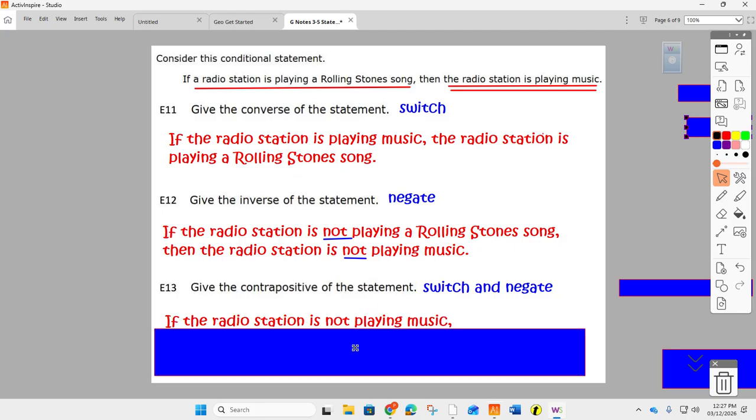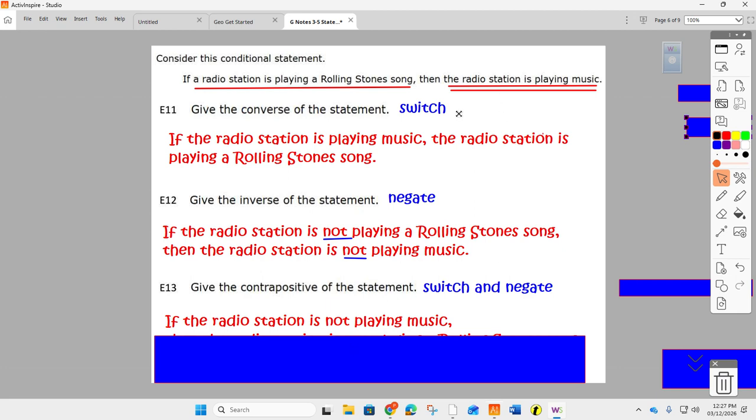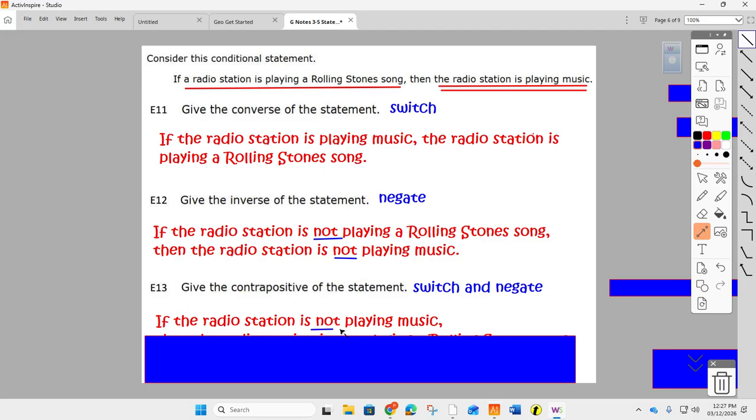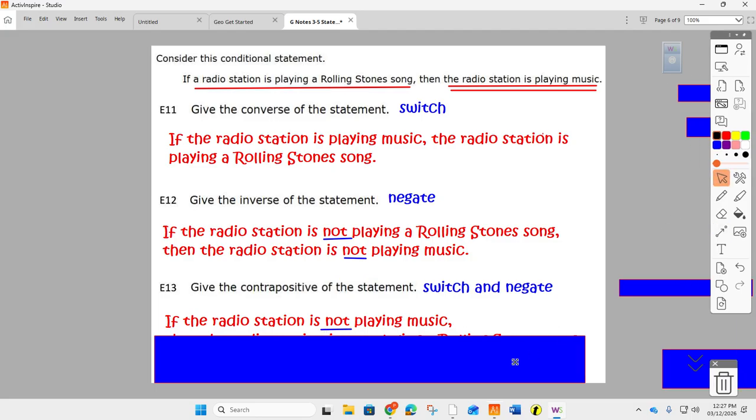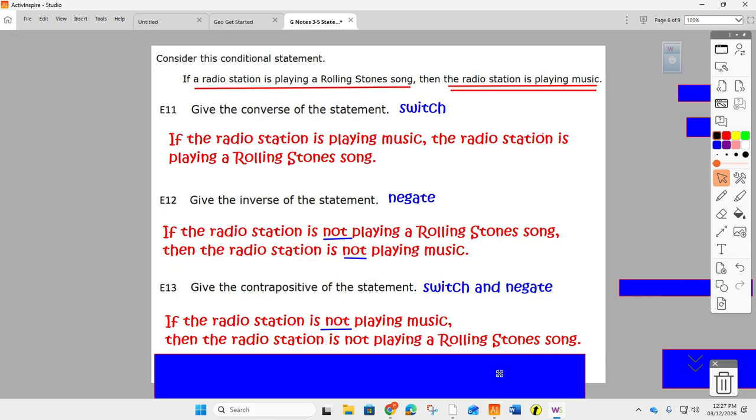So if the radio station is not playing music, so that's the conclusion that has now become the hypothesis, and we negated it with the word "not", then the radio station is not playing a Rolling Stones song. Did I do that right?